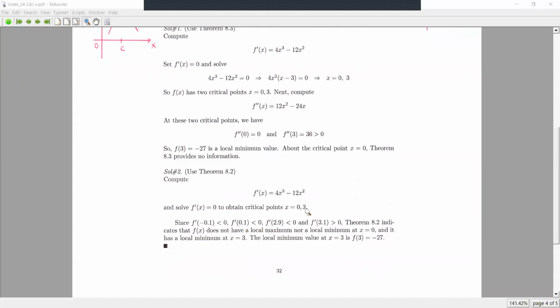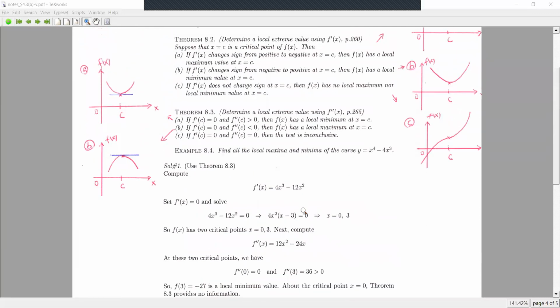About the critical point 3. On the left, I pick a point, say 2.9. The derivative at 2.9 is less than 0. To the right of 3, I pick 3.1, an arbitrary pick. The derivative at 3.1 is positive. Therefore, the derivative changes sign from negative to positive at the point 3.